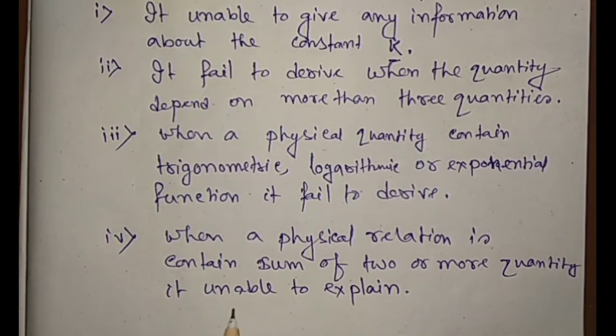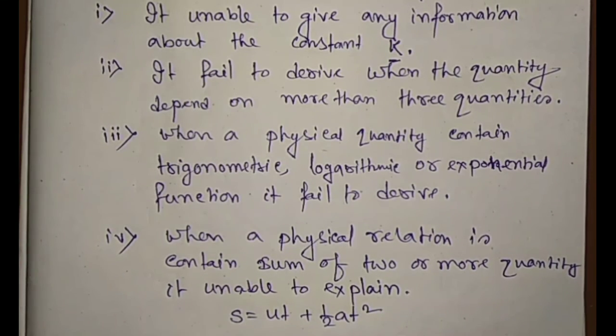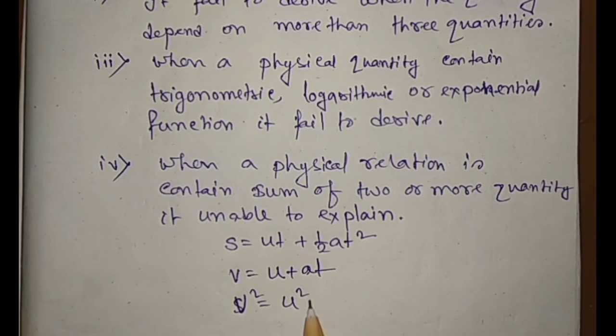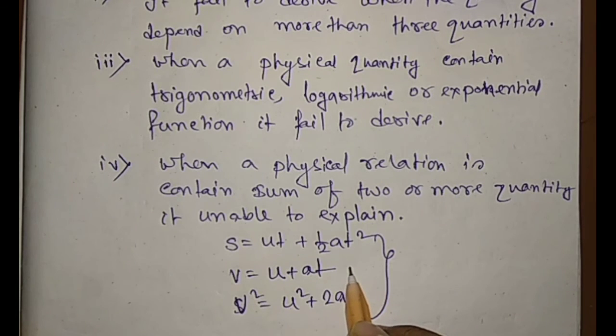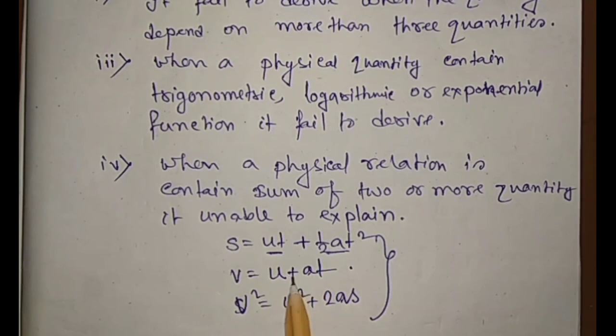Okay, that means s equals ut plus half a t square, v equals u plus at, v square equals u square plus 2as. Such kinds of equations we cannot derive by the dimension analysis method, because these contain more than 2 quantities with summation.